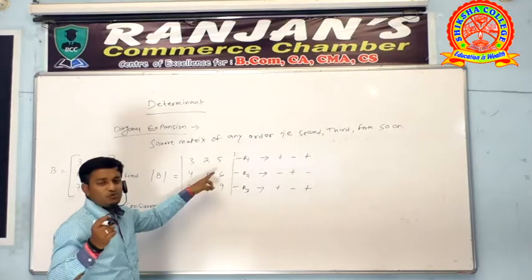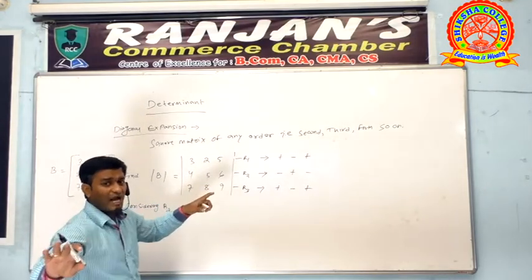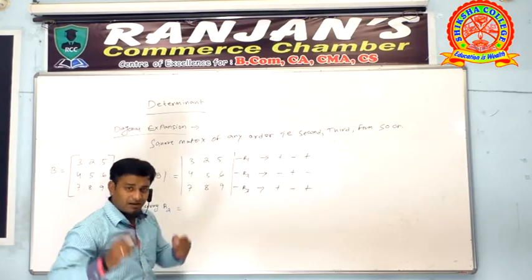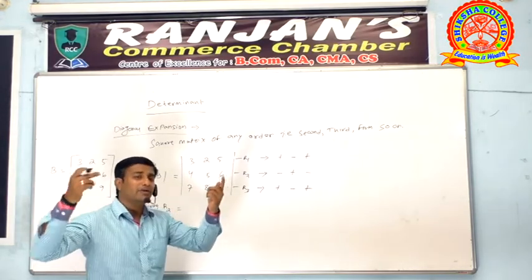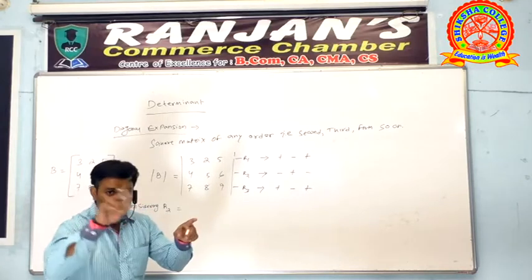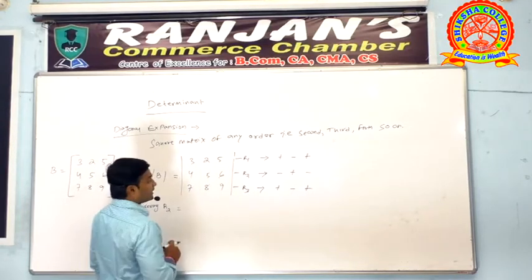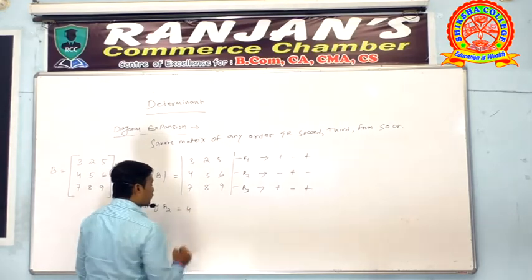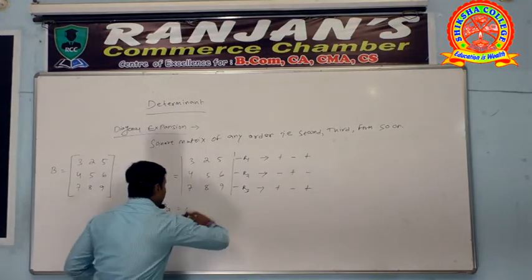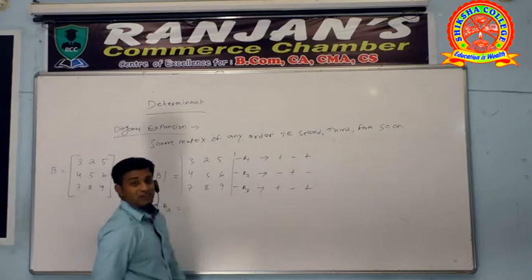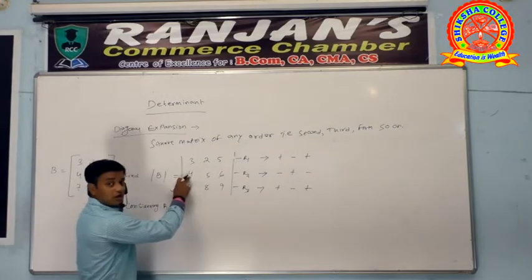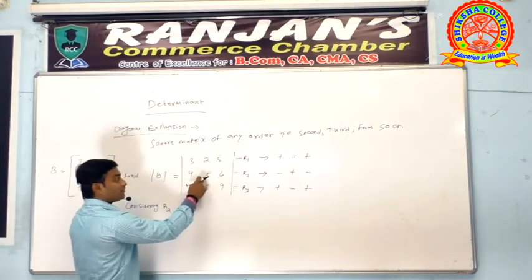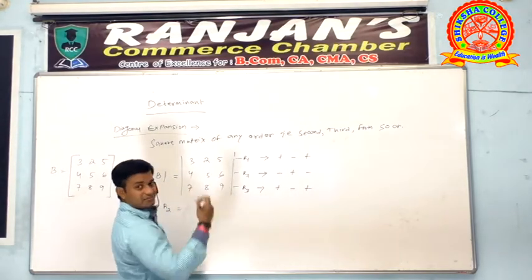In the next process, I might not go through deleting those factors. We need to delete from the mind. We need not consider those row and column. So now we are taking row 2. As usual, what is the symbol? Minus plus minus. So for 4 we take minus, for 5 plus, for 6 minus.